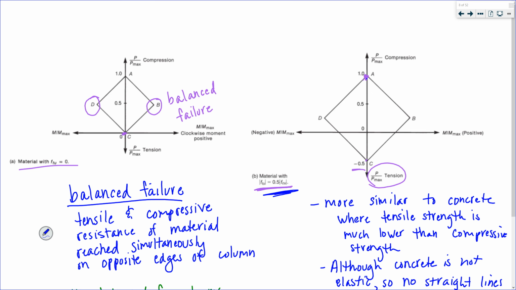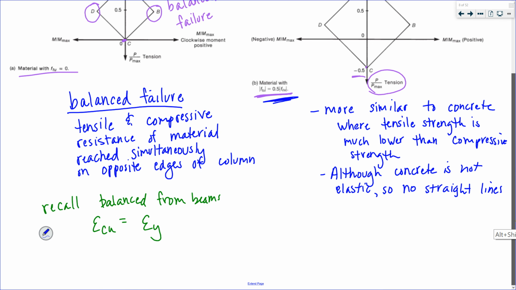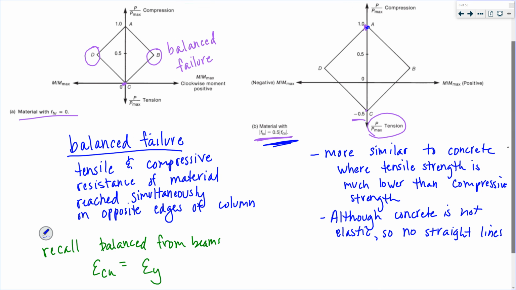Here they assume a linear relationship because it's elastic between the failure points or the determined points. Because concrete is not elastic, it's going to be more like that.